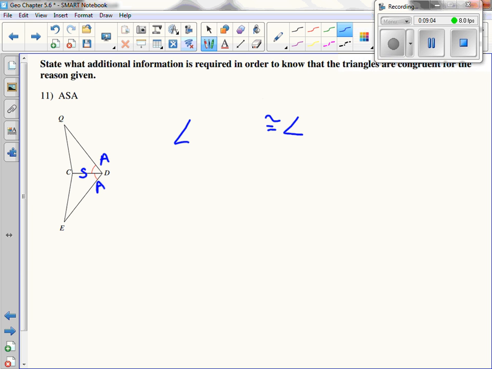Now we can't just use the letter C because there's more than one angle here. We need them here. Because again, we need angle, side, angle. The side needs to be in the middle. So I would say E, C, D for this angle down here.